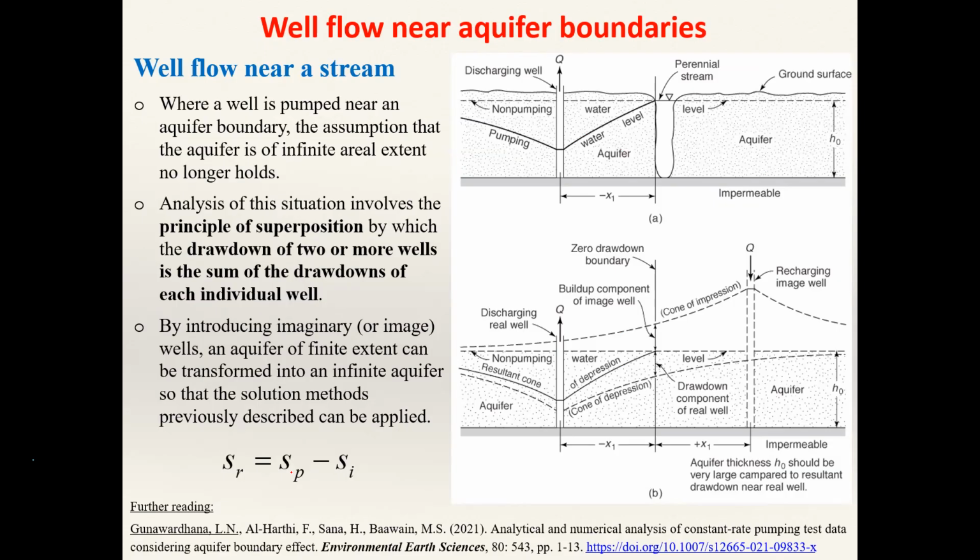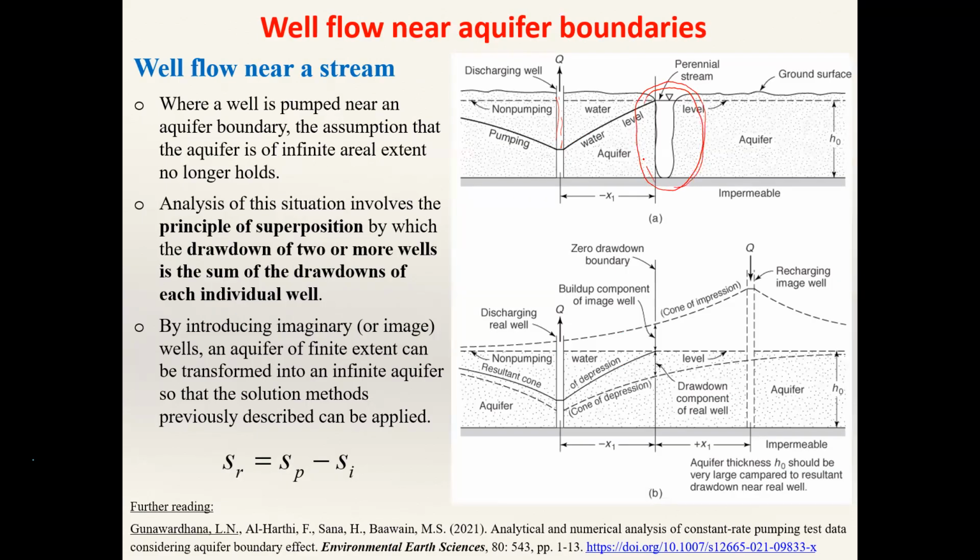You remember, when we apply this equation, even the Bolton equation, we assume that the aquifer is infinitely large. In other words, we assume that there are no boundaries. But it is not true. There can be boundaries. For example, here we have a pumping well. When you start pumping water out, we find that there is a boundary here.